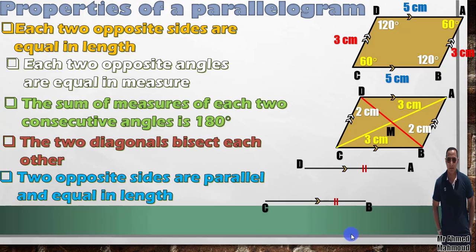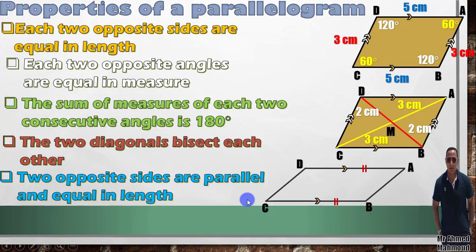Again, if I have two sides AD and BC, and they are equal and parallel, then the shape is a parallelogram. I am using this property to prove that the shape is a parallelogram. Now I have explained the properties of the parallelogram, the 5 properties.